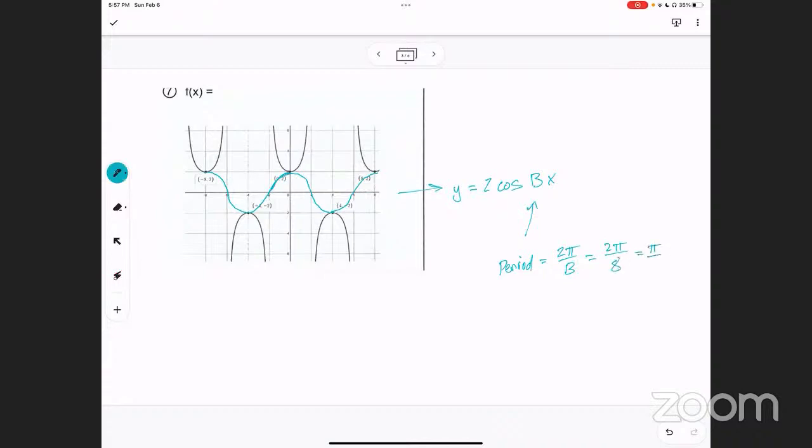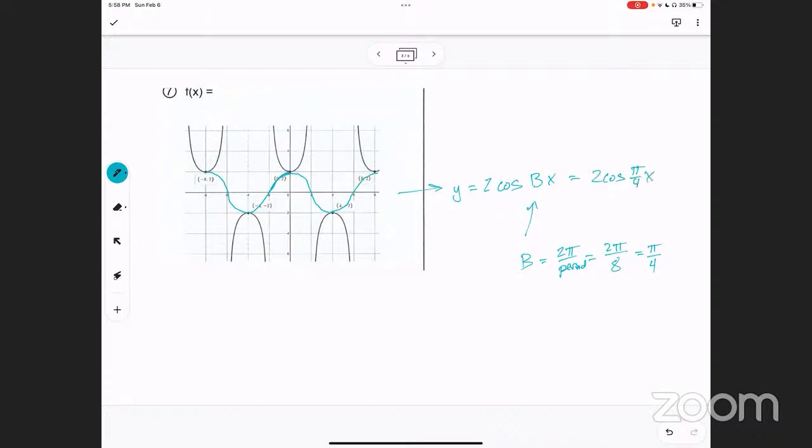So your period, I'm sorry, I said that wrong. B equals 2 pi over the period. And the period is 8, so b equals pi over 4. Okay, so the blue graph is 2 cosine pi over 4 times x.